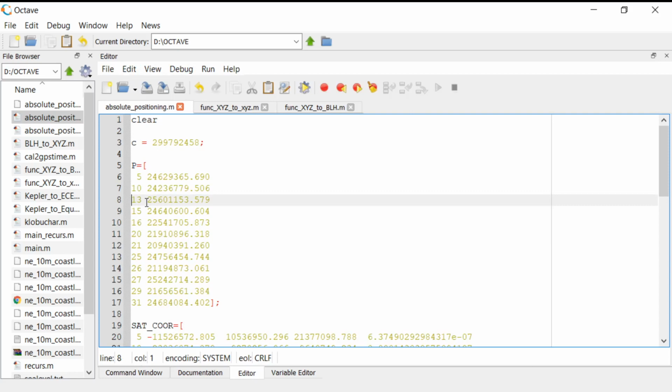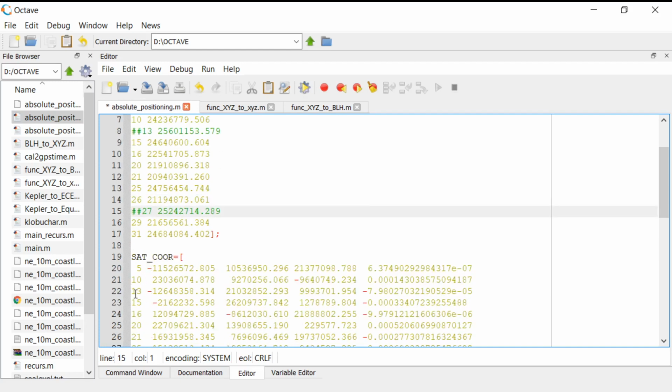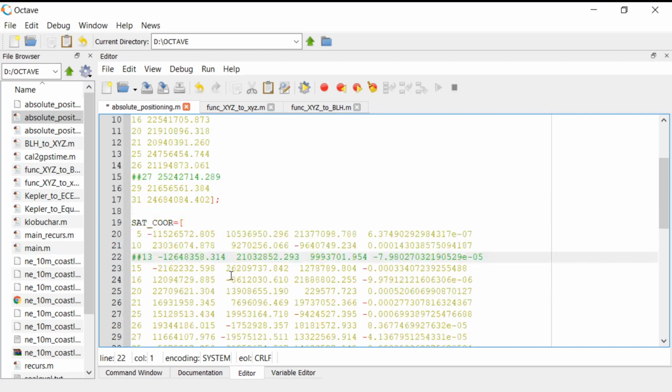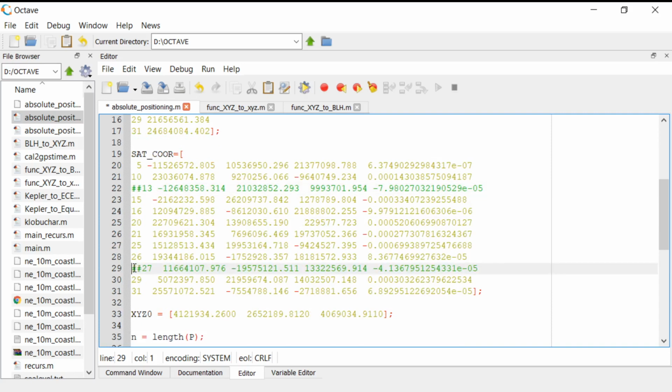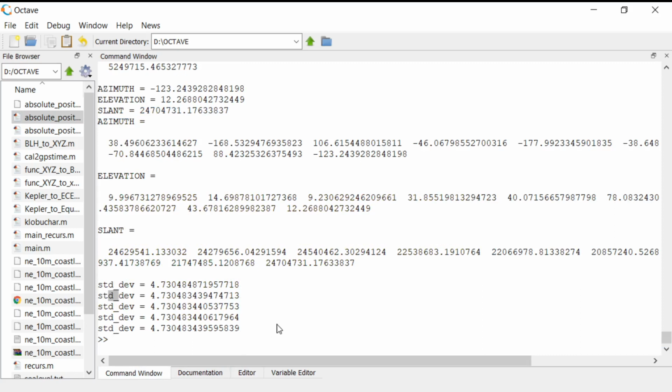So let's exclude this observation and also the coordinates for the 27 and run again. Now the standard deviation, as you can see, was around 9. Now we obtained 4.7.